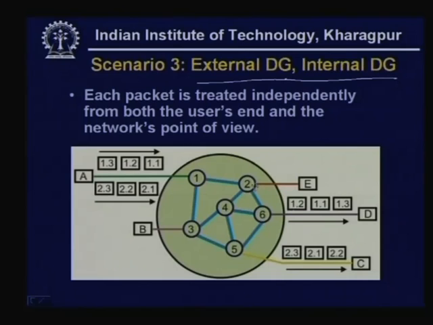In both the cases we are using datagram, and so each packet is treated independently, both from the user's end as well as from the network's viewpoint. That is why the packets are reaching the destination out of order.